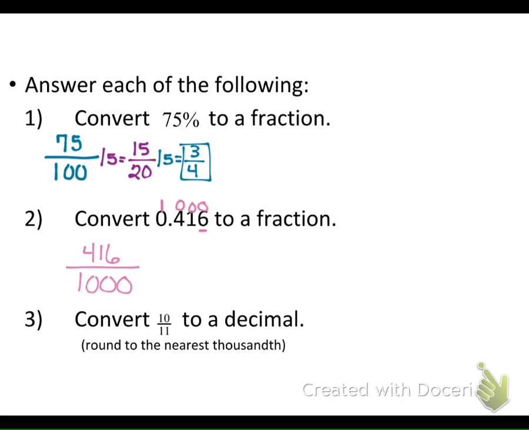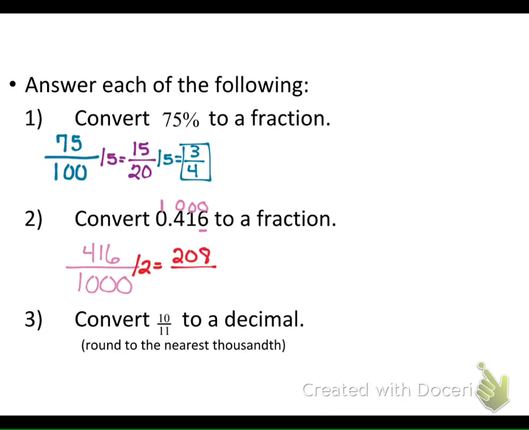Now, this fraction, 416 over 1,000, we need to reduce it. What are you able to reduce both numbers by? 2. So what's 416 divided by 2? 208. Okay.